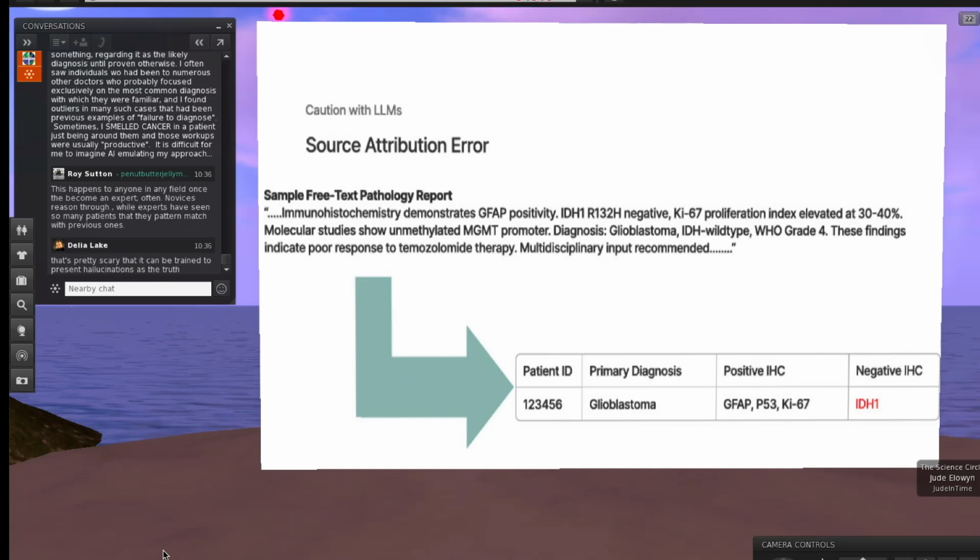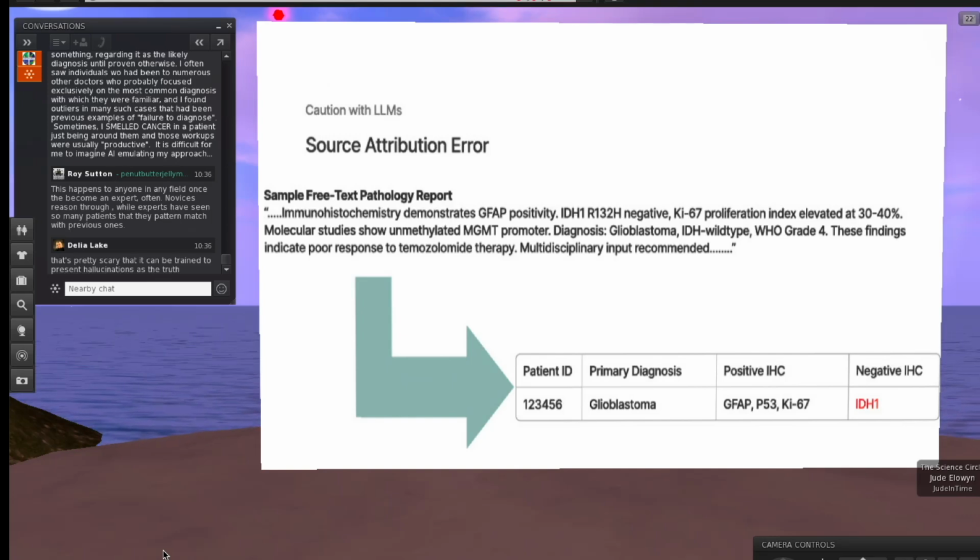You see that the clinician in this case has not done immunohistochemistry to extract that ground truth for the IDH mutation. So the LLM is correct in some sense in saying that there should be a negative IDH mutation in the case of a glioblastoma, but it is wrong in representing that as something that it extracted from the report. And so that can be quite scary.